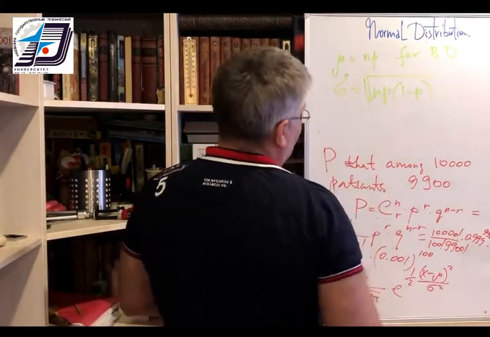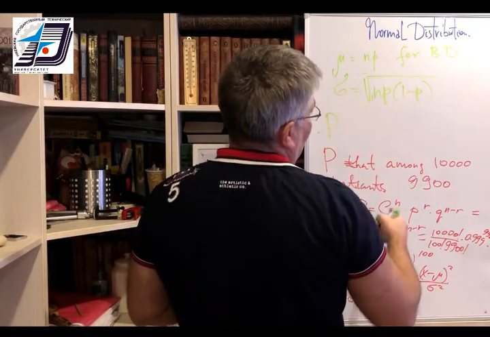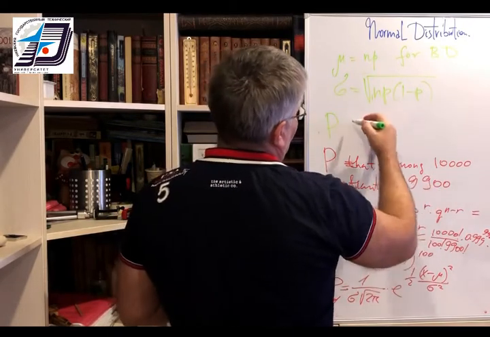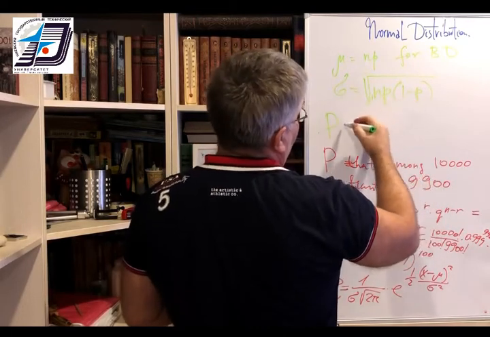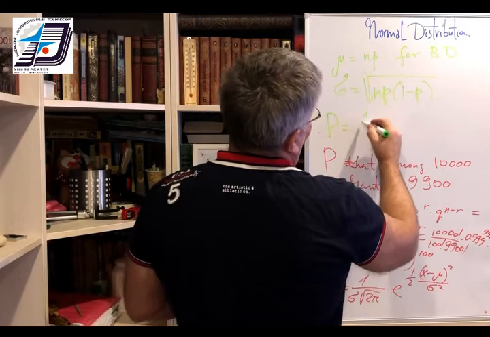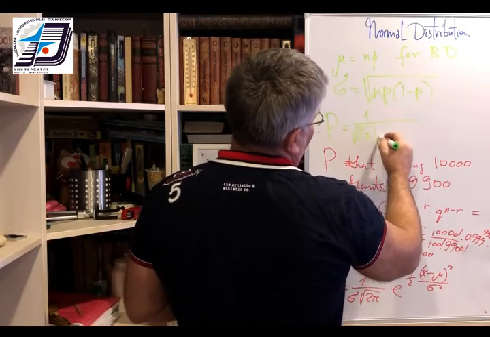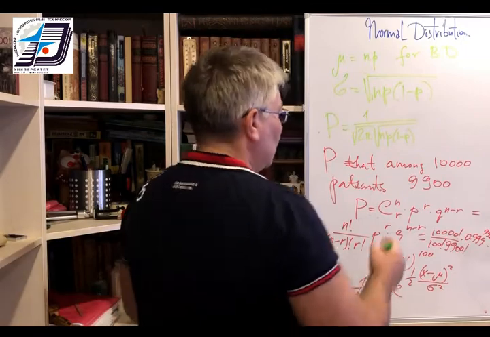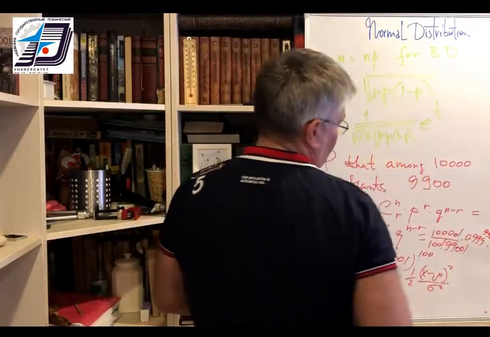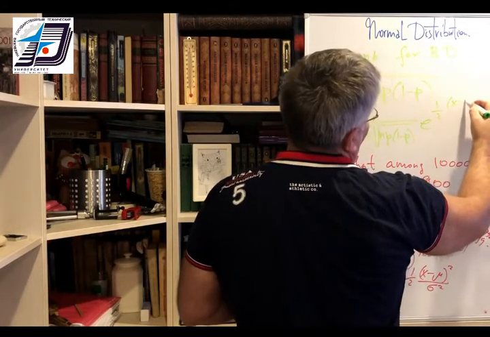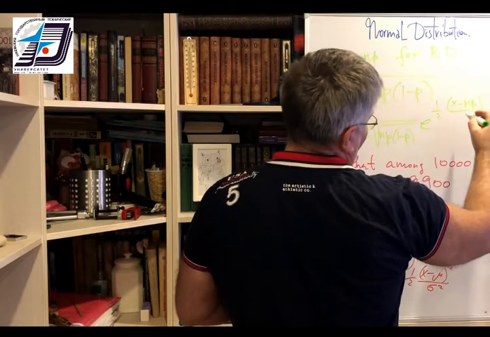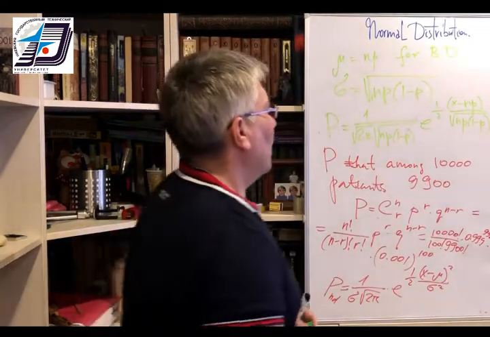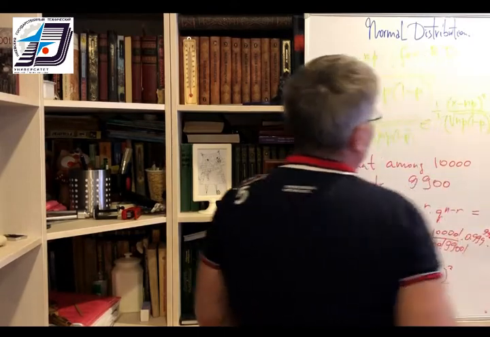Now we are ready to put into this formula. The probability that among 10,000 patients 9,900 will survive is 1 over square root of 2 pi np(1 minus p), and the exponential thing, 1 over 2, x minus mu, where mu is np, over square root of np(1 minus p), all squared.